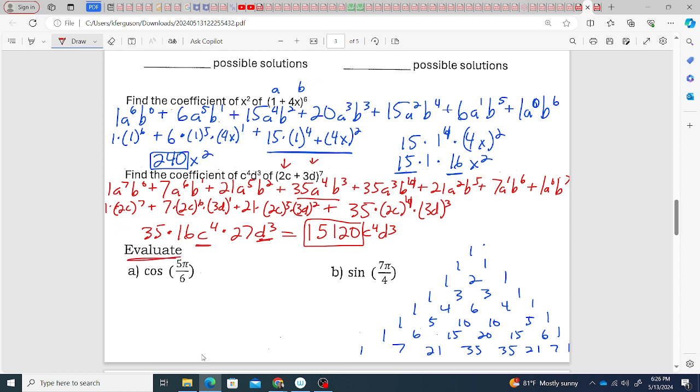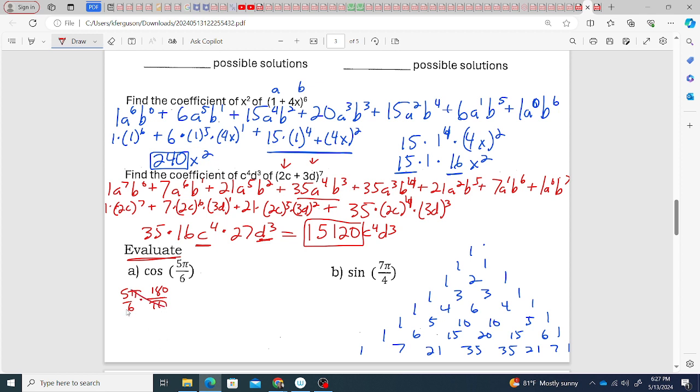Evaluate. Evaluate means I want the cosine of this. So first, if you don't want to use radians on your calculator, you can change it to degrees. So let's see. If I want to change 5 pi over 6 to degrees, I want to multiply it times 180 over pi.